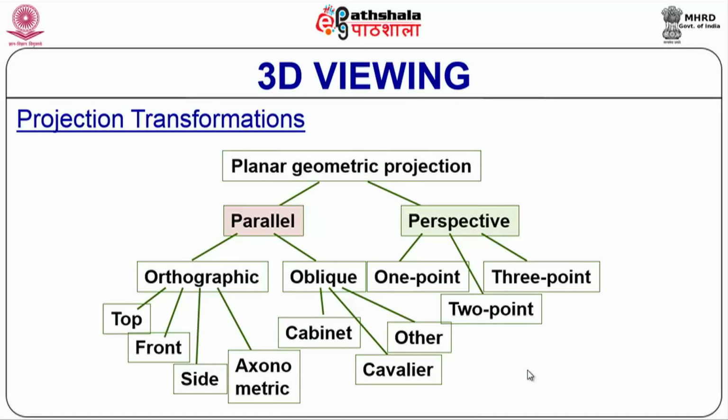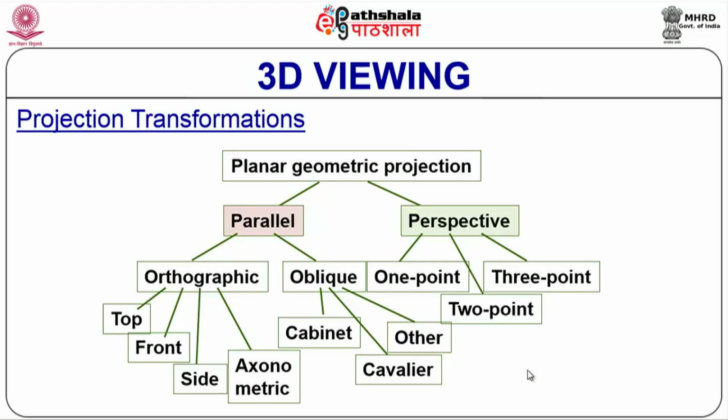Now, the two fundamental classes of projection are parallel and perspective. We will go deep into each of these. Parallel projections are further classified as orthographic and oblique. Orthographic projections are further classified as top, front, side, and axonometric projections, whereas oblique projections are classified as cabinet, cavalier and others.